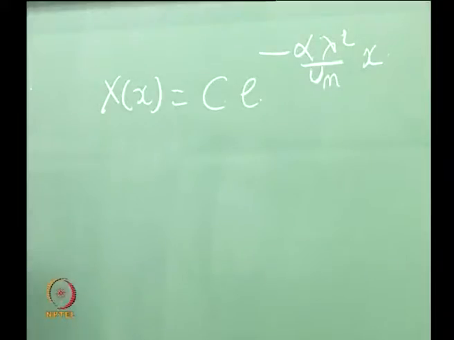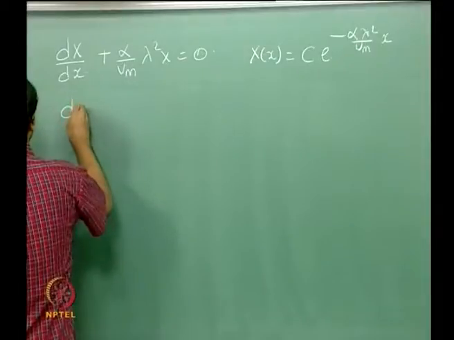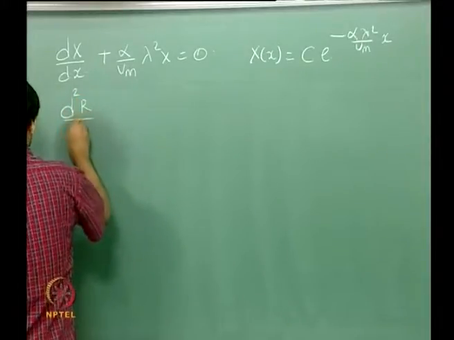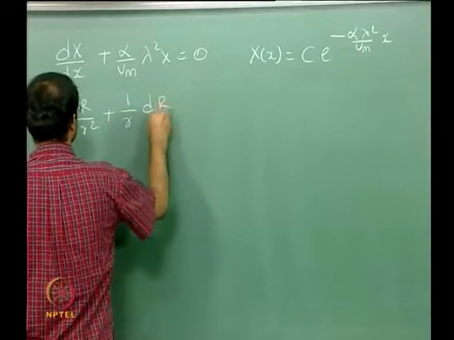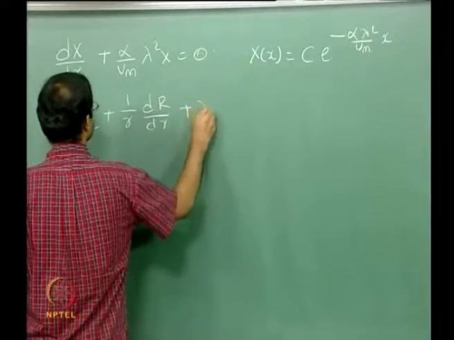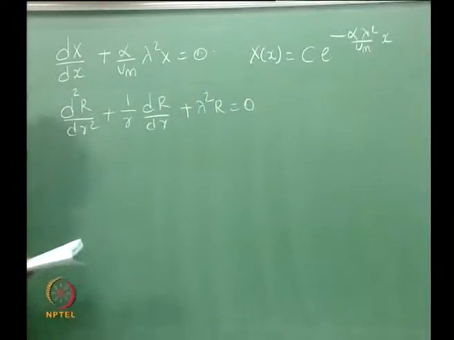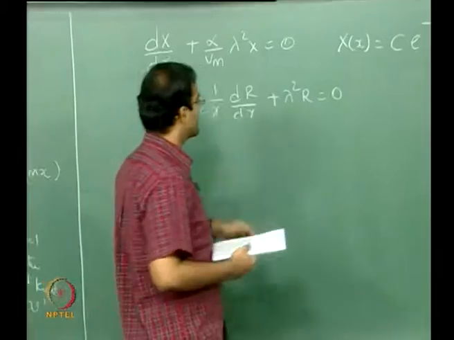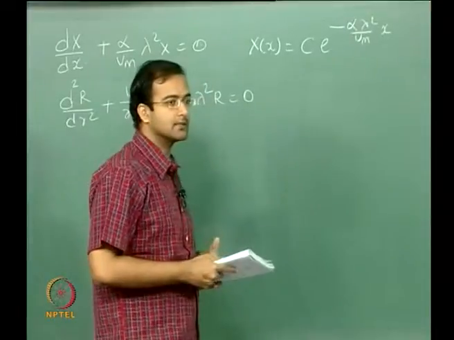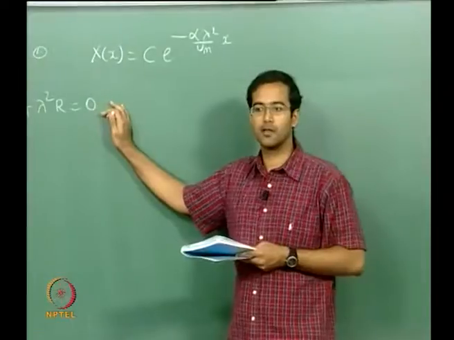So directly you can integrate it out, and the actual eigenvalue problem in terms of R was this, right. And the boundary conditions for R, what were the boundary conditions to solve this second order ODE in terms of R?